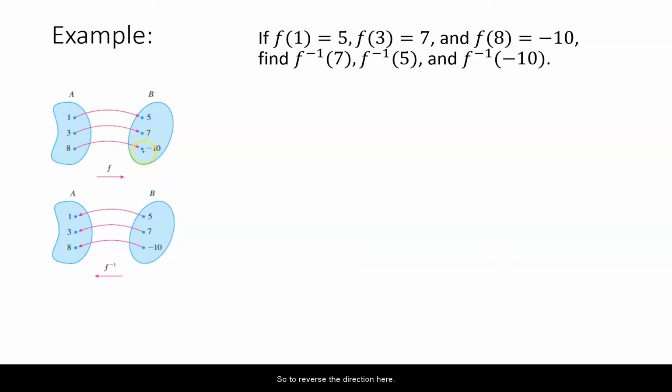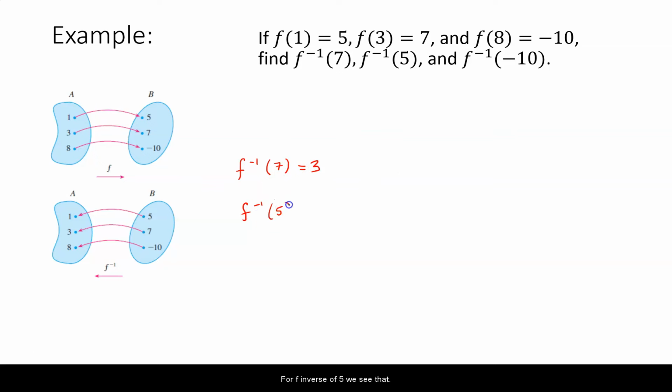To reverse the direction here, we'll get the rules for our inverse function. For f inverse of 7, it looks like 7 is being sent to 3, because on our original function 3 was sent to 7, so the inverse will send 7 back to 3.